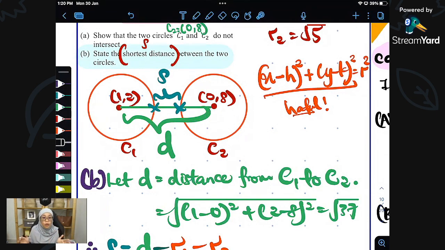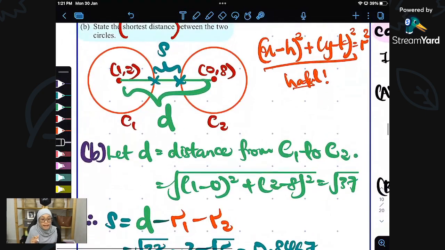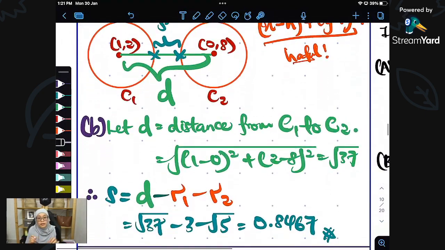Okay, and so how do we find the shortest distance then? We have a formula, and this is not a new formula to you all.